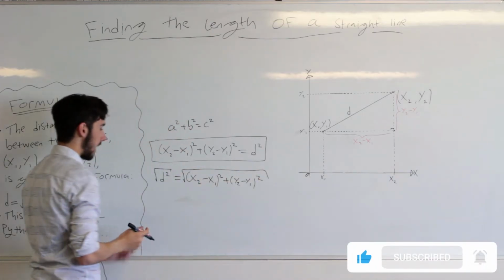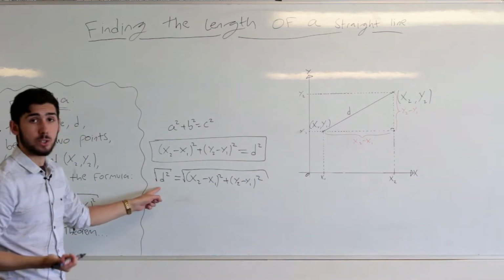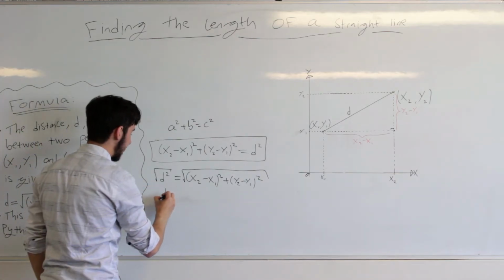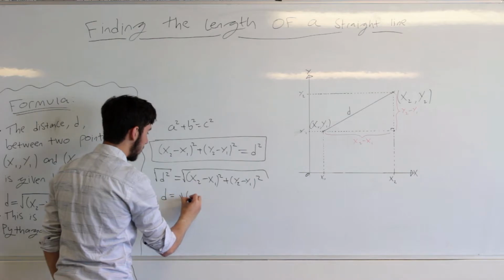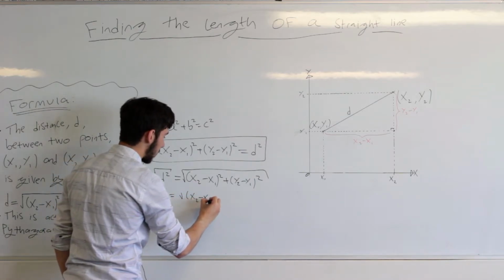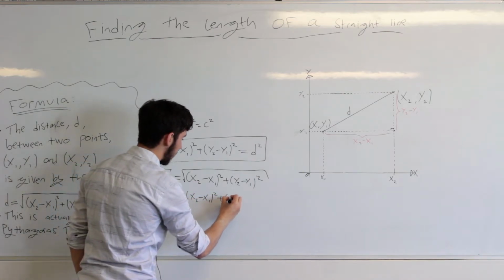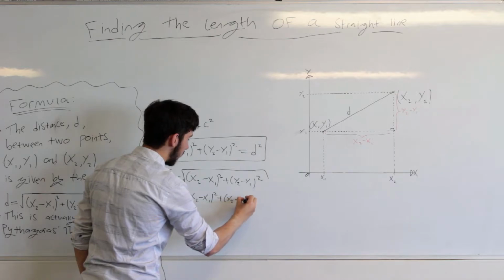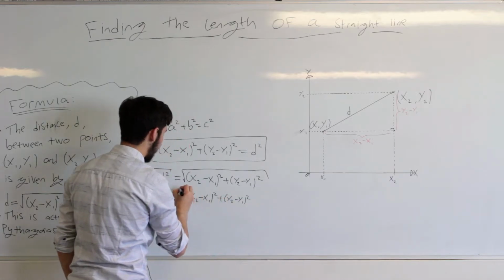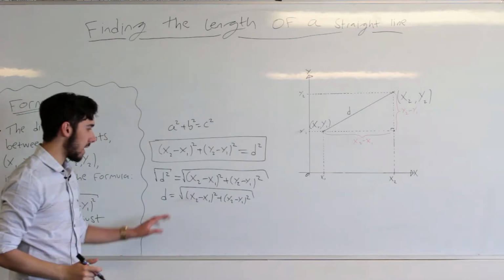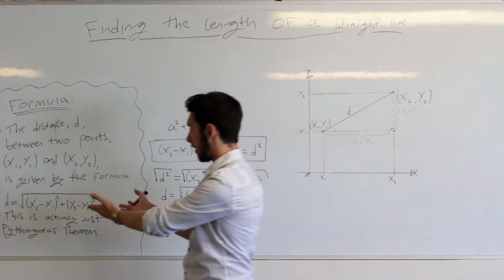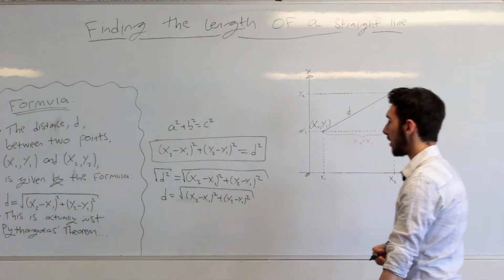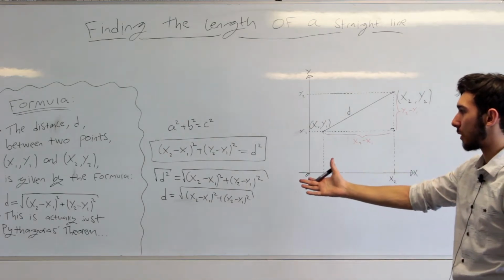And then of course the square root of d squared is nothing other than d. So d is equal to the square root of (x2 minus x1) squared plus (y2 minus y1) squared, just like this. And that is the formula. Ta-da! That's how we essentially get to this formula.